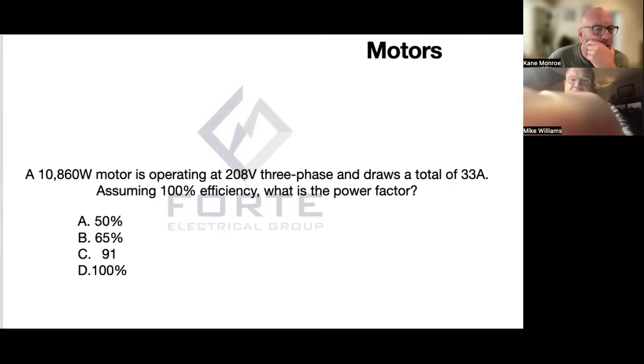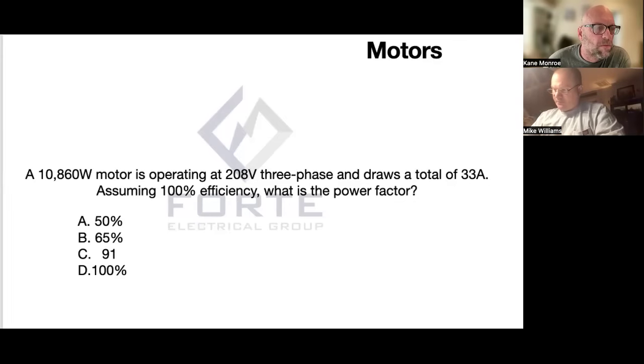I had a 10,000 watt motor operating at 208 3-phase. So 10,860 times 746. Now it's looking for your power factor. No, I'm jumping the gun.